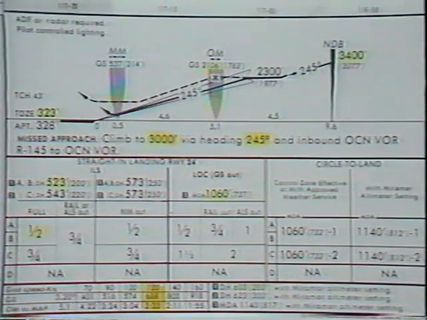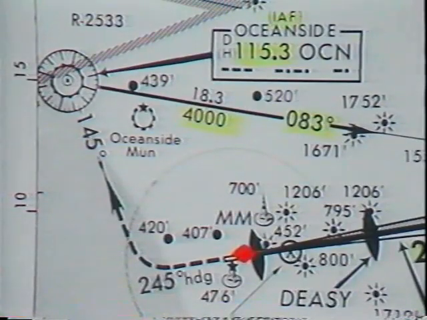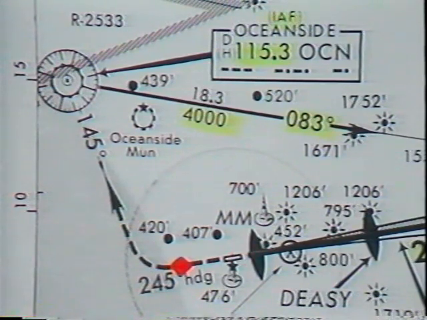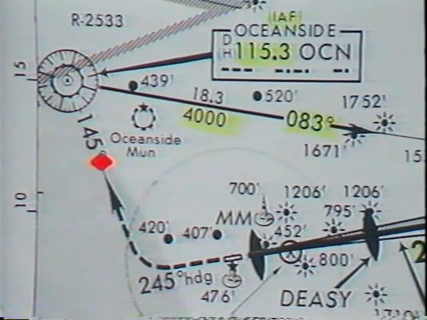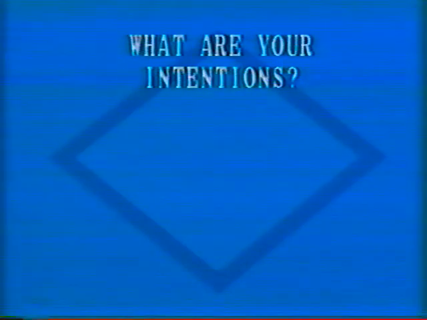Now, you only need to remember two things about the missed approach, no matter how complex: the initial altitude and the initial heading. If you must, you can read the additional instructions after the aircraft is safely on the missed approach track. If the initial portion is straight out, fly the bug because you've already compensated for the wind. If you make a missed approach, Jack, be ready to answer the inevitable question: what are your intentions?